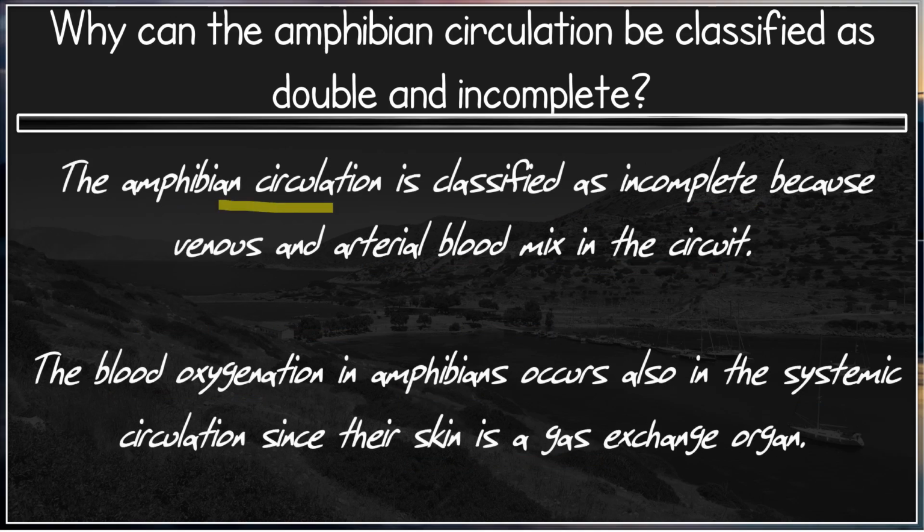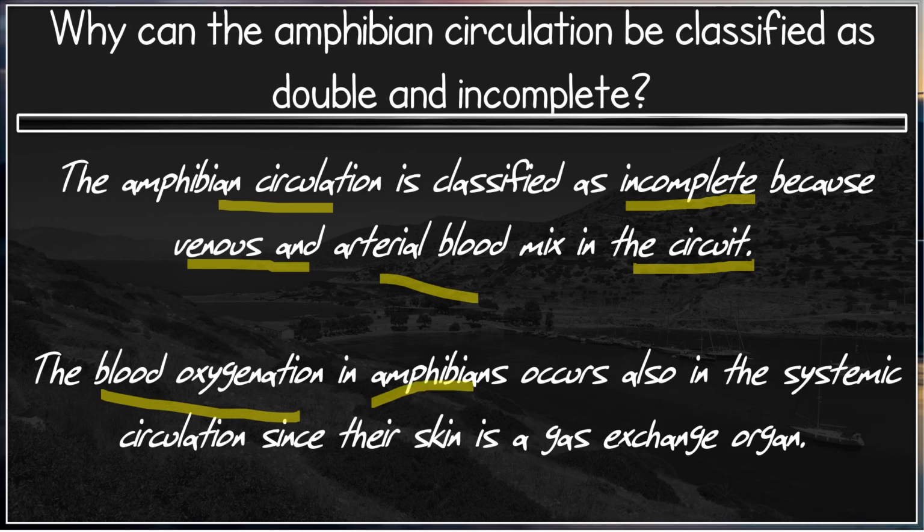Amphibian circulation is classified as incomplete because the venous and arterial blood mix in the circuit. Blood oxygenation in amphibians occurs also in the systemic circulation since their skin is a gas exchange organ.